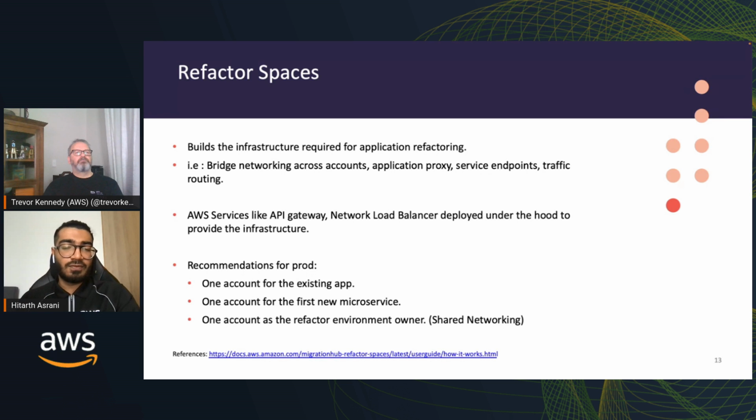You'd keep one account for your microservice and so on for the other services, and then your main account would be the refactor environment, which would just be sharing a lot of the networking resources across the other accounts. So it has the power to go cross account, and has the power to stay in a single account for test. But once someone decides to take this to production, it's good to adhere to the recommendations and have separate accounts, so that it just makes things easier when things don't work, or if you want to add stuff.